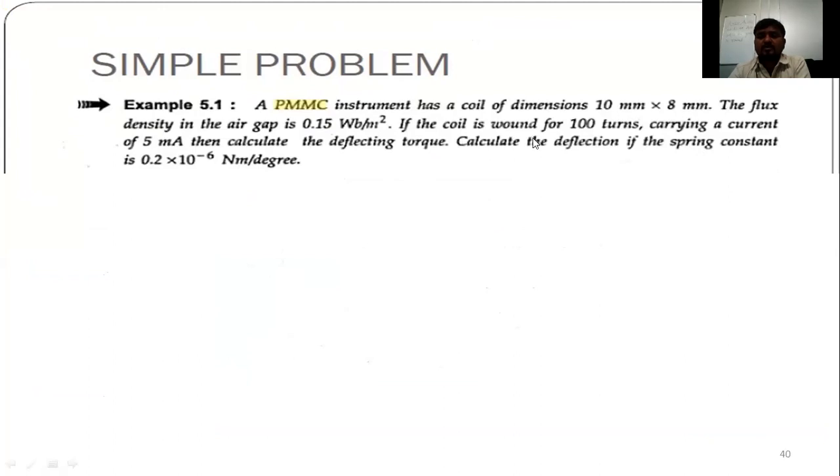If the coil is wound for 100 turns, carrying a current of 5 milliampere, then calculate the deflecting torque and calculate the deflection if the spring constant is 0.2 into 10 to the power of minus 6 Newton meter per degree.